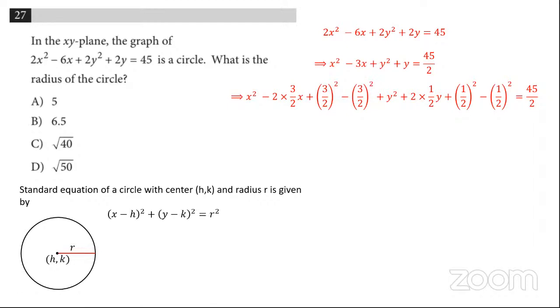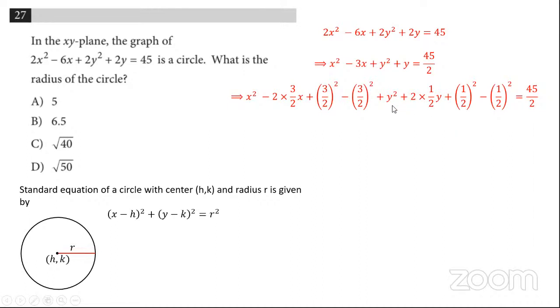Now, similarly for the y terms, we have to convert it into the form y minus something the whole square. So what we'll do is y square plus 2 into 1 by 2. That's just basically 1, but we'll write it as 2 into 1 by 2, just for your understanding. And plus 1 by 2 the whole square.